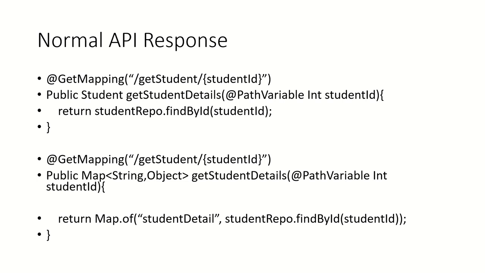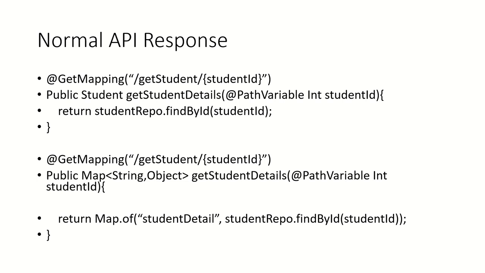So we are returning a map of string of object, creating a map with the key as student details and the value as the student that we found from the DB. So this is another way of developing the API.